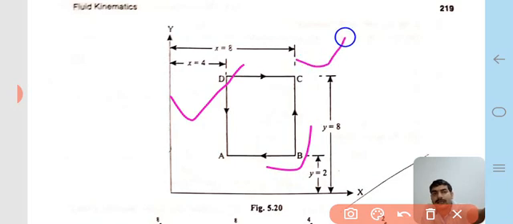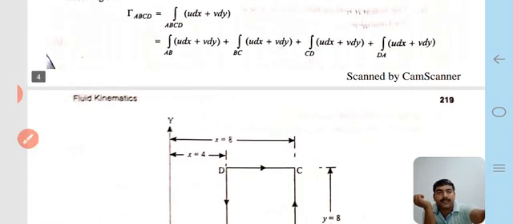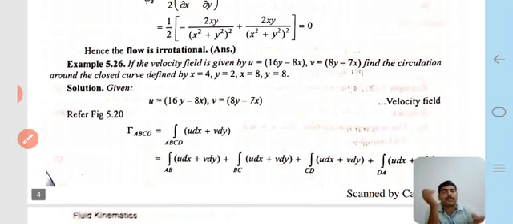Two points are given. Therefore, in the velocity field given in the question, u is equal to 16y minus 8x and v is equal to 8y minus 7x.